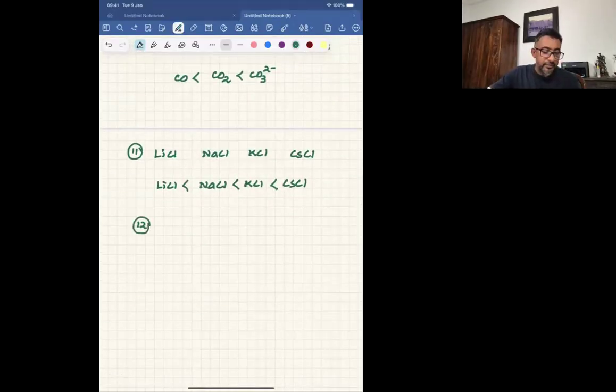Question number 12 comes in benzene. Benzene is like something like this. C2H6, CH3, CH3. C2H4, carbon double bond carbon, hydrogen, hydrogen, hydrogen, hydrogen.